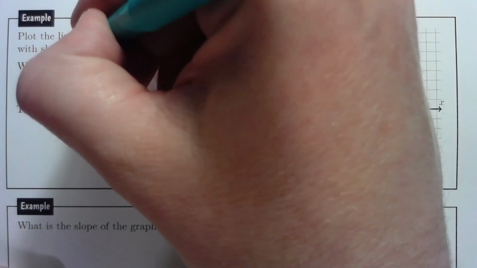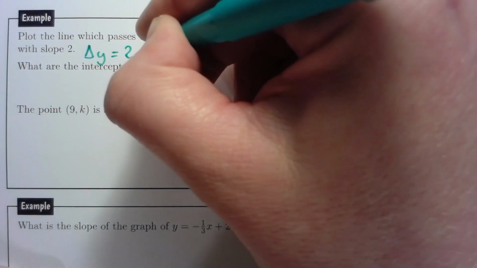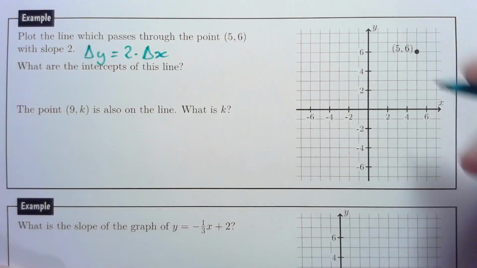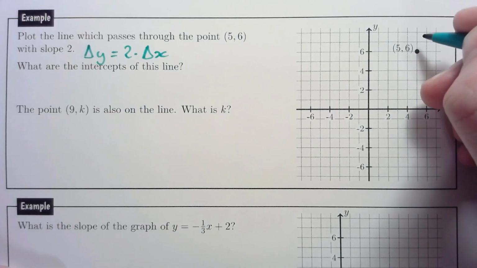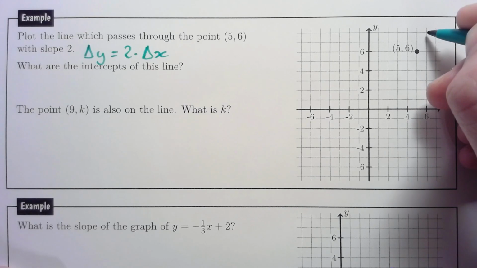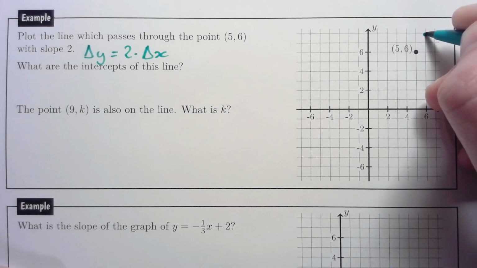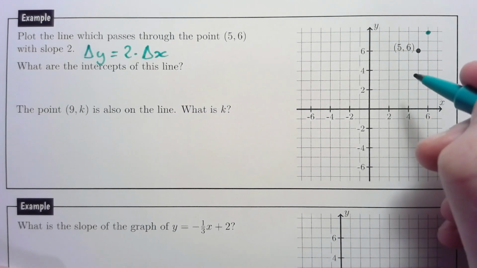Or another way to say that is that delta y is 2 times delta x. So however many units I go across, I have to go twice as many units vertical. That's positive 2, so I'll be going up.